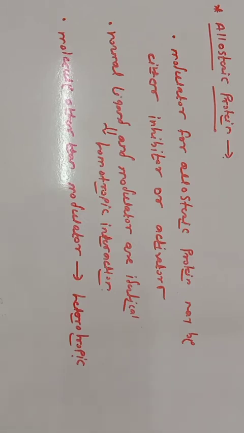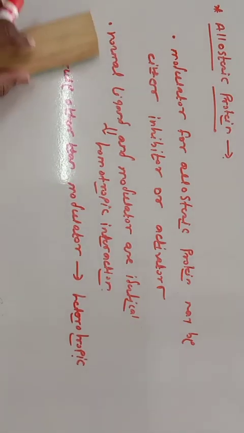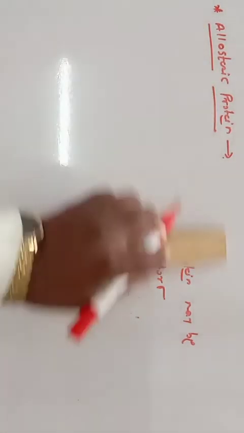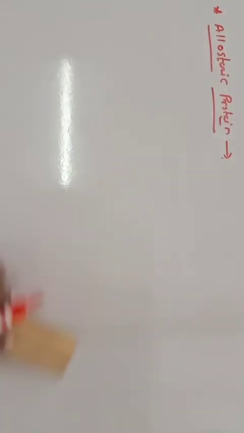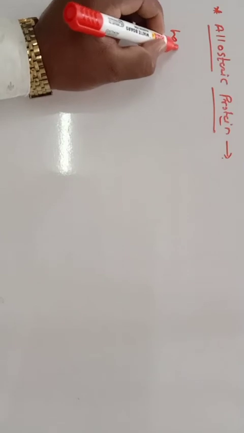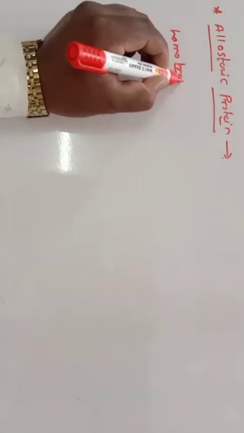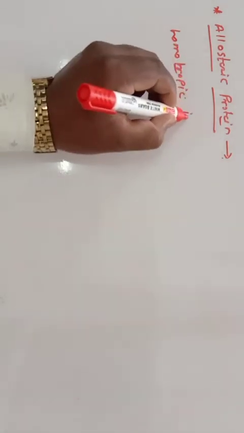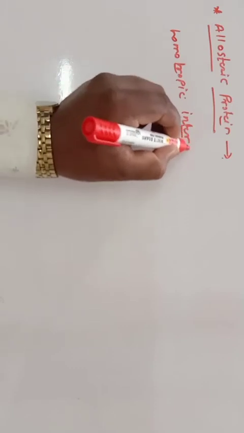So this is regarding the allosteric protein. We will discuss the examples, and we are very much interested in these homotropic and heterotropic interactions. Let us see the first one, that is homotropic interaction.